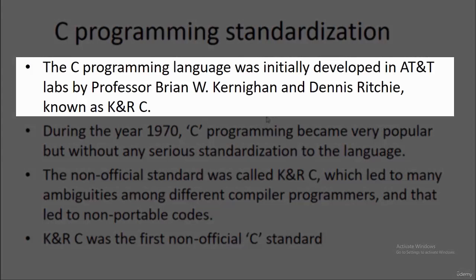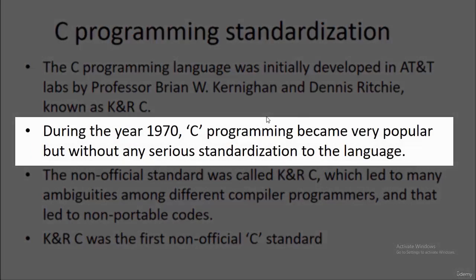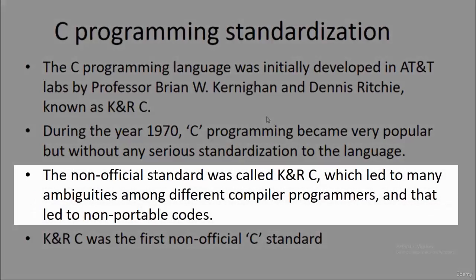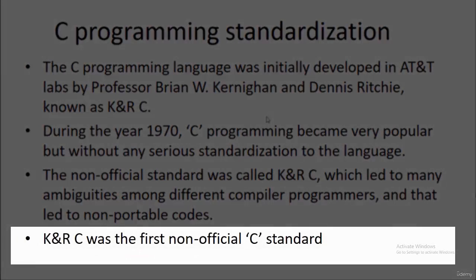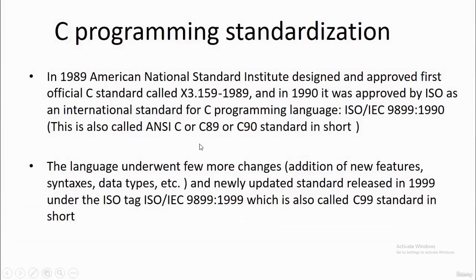The C programming language was initially developed at AT&T Labs by Brian Kernighan and Dennis Ritchie, known as K&R C. During the 1970s, C became very popular, but without any serious standardization of the language. The non-official standard was called K&R C, which led to many ambiguities among different compiler programmers, and that actually led to non-portable code. K&R C was the first non-official C standard.